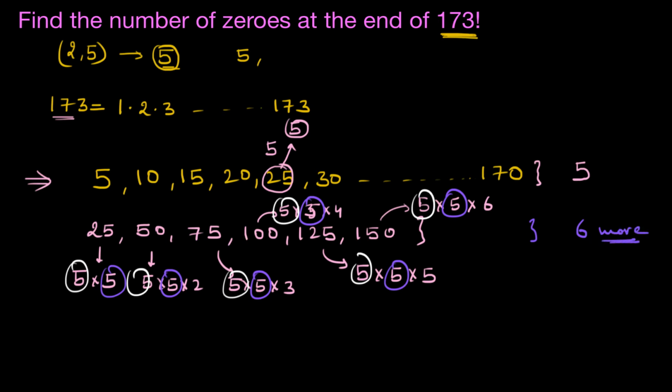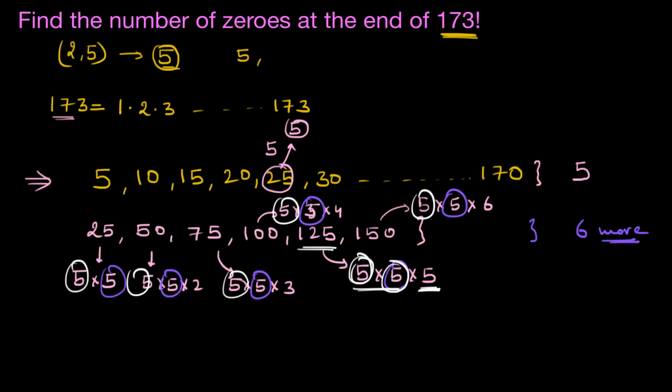Now you might be wondering, we have an extra 5 written here, so what about that? That will come when the number is a multiple of 125, because each 125 will give me a third 5. 2 5s I have already counted, this 5 as a multiple of 5 and this 5 as a multiple of 25. So I have one more 5 which will come in all the multiples of 125.